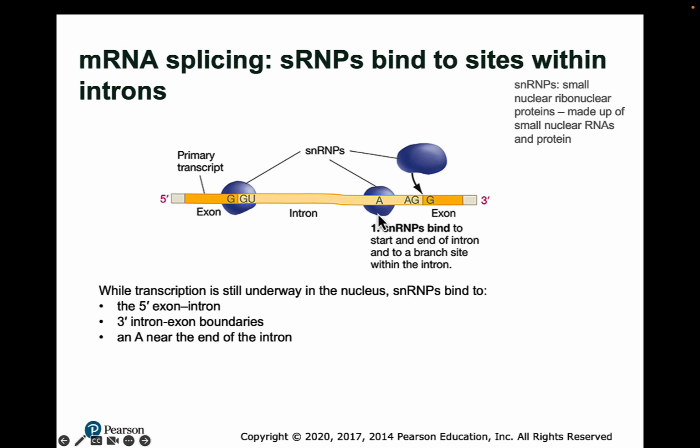Then there's a final SNRP that binds at an A near the end of the intron. So these are the three sites: the 5' boundary between the exon and intron, the 3' boundary, and then this A here. And this A is going to serve an important role.